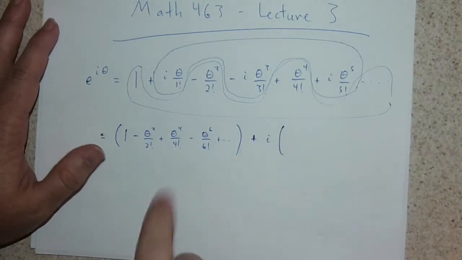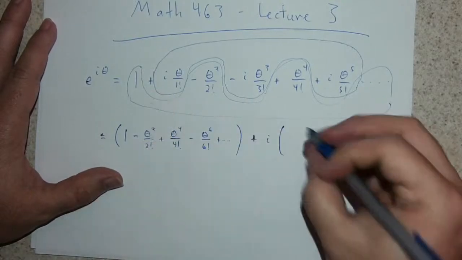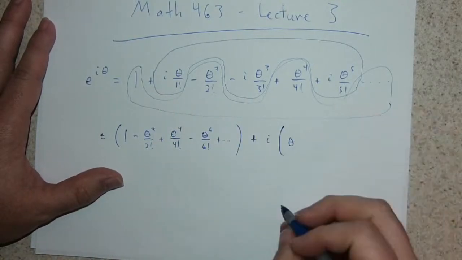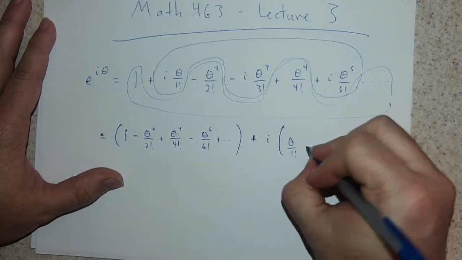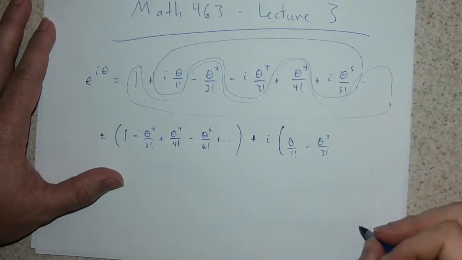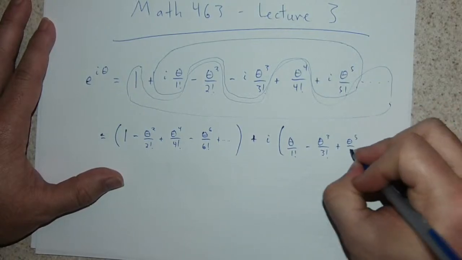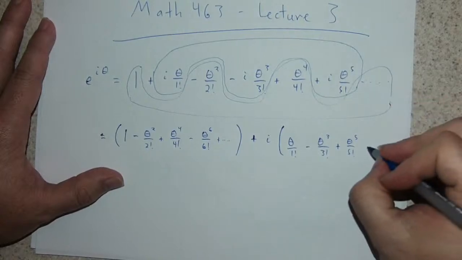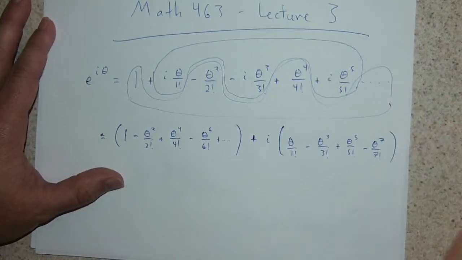It's perfectly fine what I'm doing there, but like I said, we'll just ignore that. If I pull this i out, what do I have left? I have theta over 1 factorial, minus theta cubed over 3 factorial, plus theta to the 5th over 5 factorial. And if we kept going, you'd see that this is minus theta to the 7th over 7 factorial.